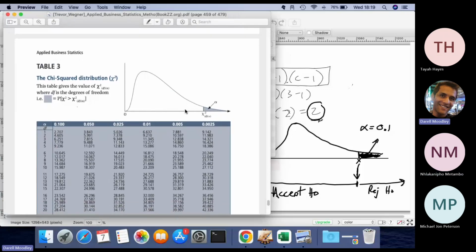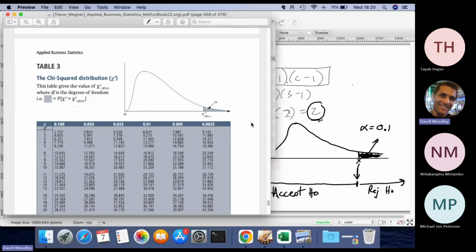All right, so here it is displayed. I know my drawing is not exact like how it is in the textbook, but it's close enough. So we know our alpha is 0.1. So what you see in the table in that first row are all your alpha values. And our alpha value that we're dealing with is 0.1, right? So we're looking at the first column. Now, which row do we stop at?